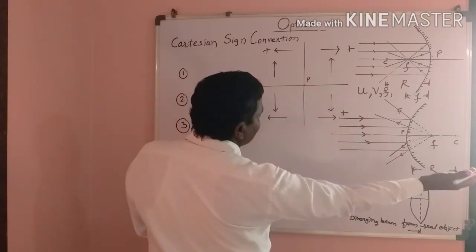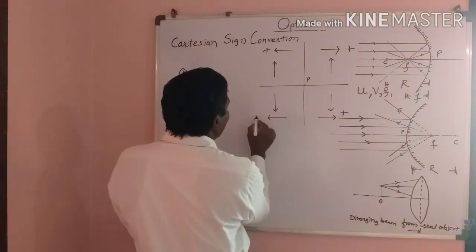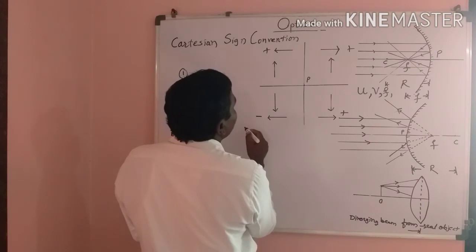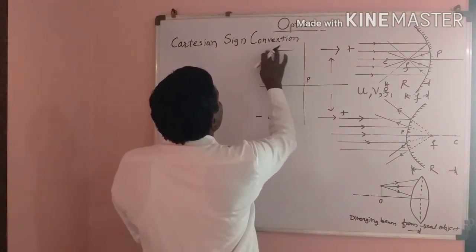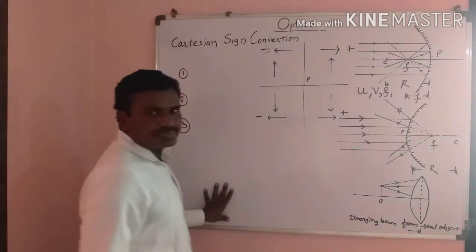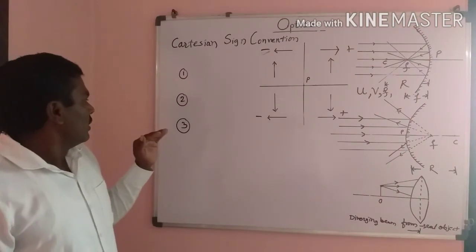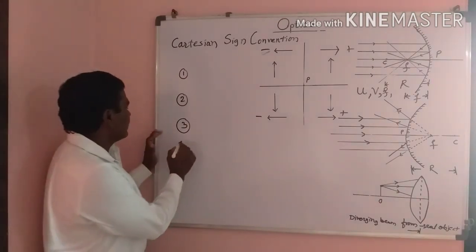Right of the pole the distance is always positive, and left of the pole it is always negative.